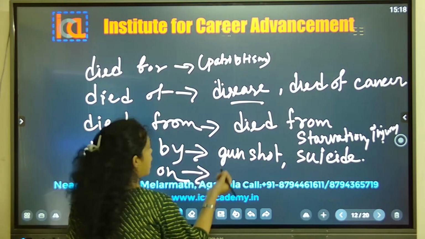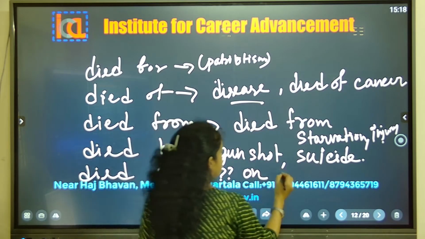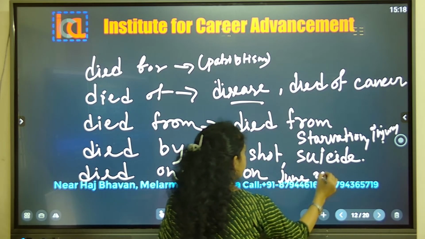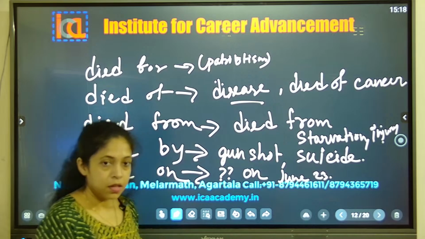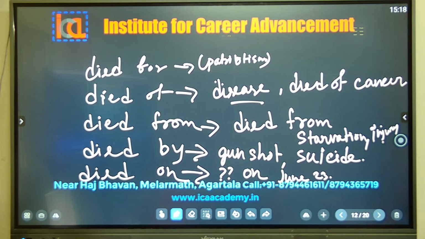Died on means died on which day, suppose on June 23. These are the basic things for using died with several prepositions. Always remember this, because these things are very important. They mostly come in the exam.